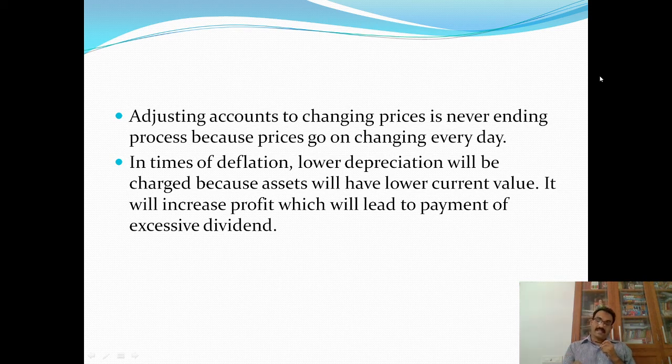The next disadvantage is that in times of deflation, lower depreciation will be charged because assets will have a lower current value. So it will increase the profit of the business organization, which will lead to payment of excessive dividend. When profit increases, we will declare more dividend to the shareholders.